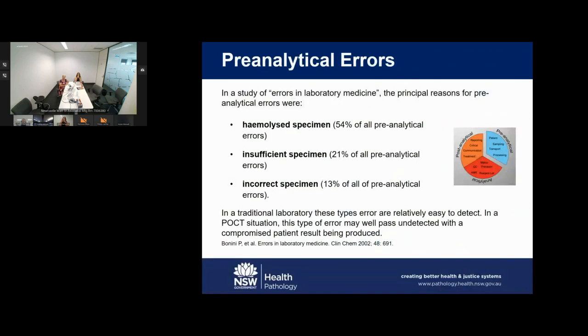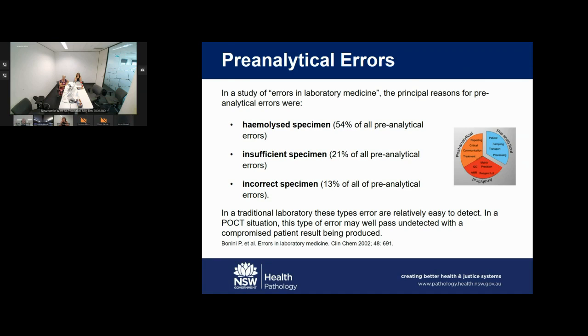And you can see on the slide that we have up now that in a number of studies that have been done, errors in laboratory medicine, the breakdown is in fact 54% of all pre-analytical errors are around hemolyzed specimens, 21% around insufficient sample, and 13% incorrect specimen collected.